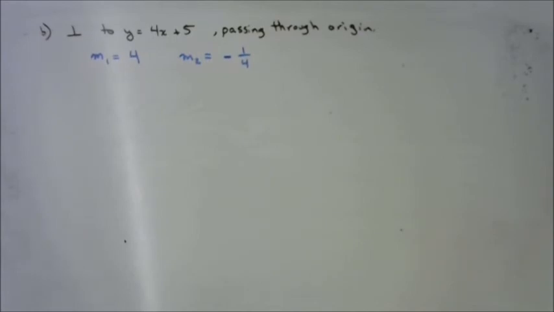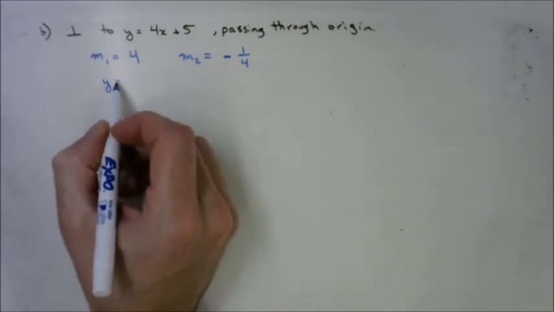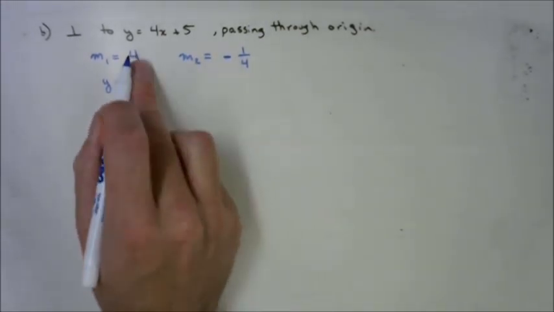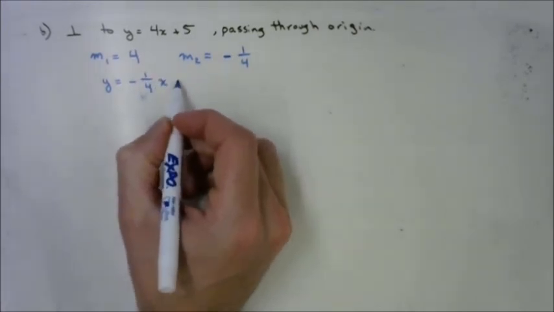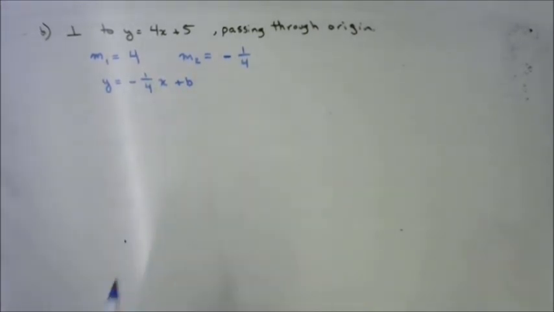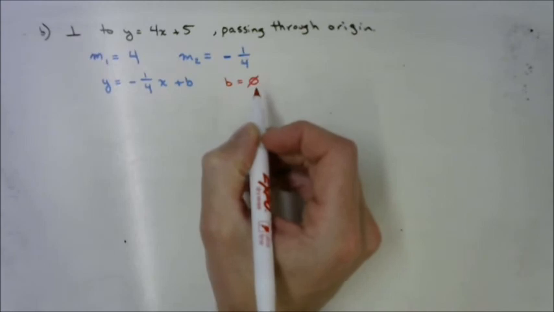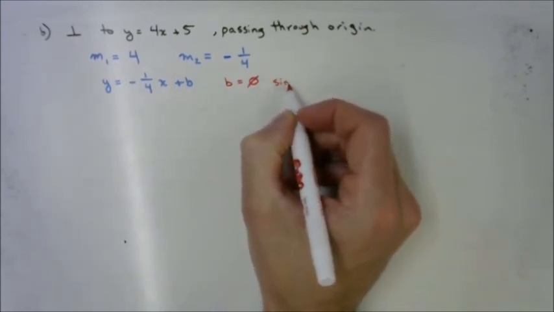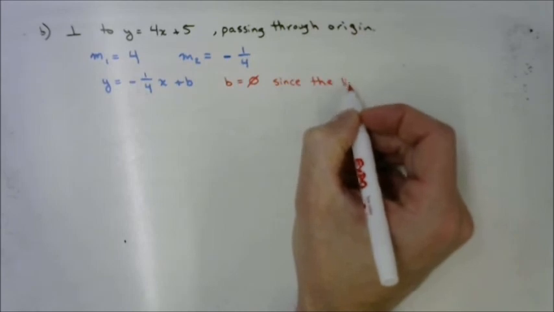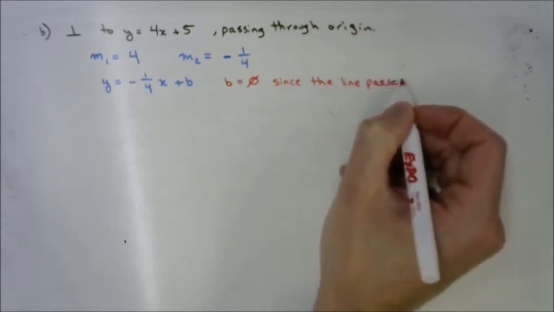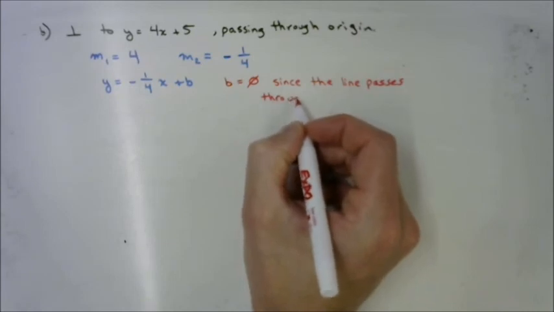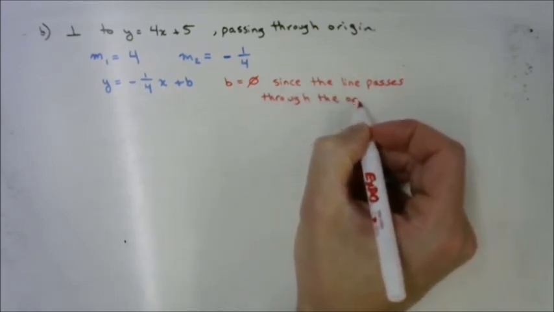So what I could do in my next step is simply sub my slope in. So now I have y equals negative 1/4 x plus b. What other information have they given me to help me out? It passes through the origin, which means b equals 0, since the line passes through the origin.